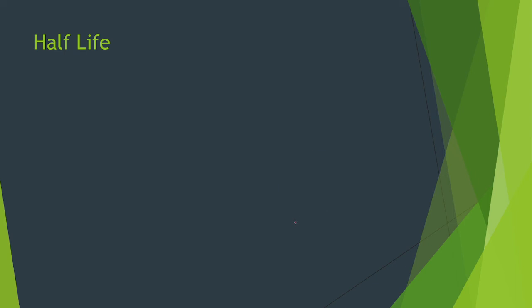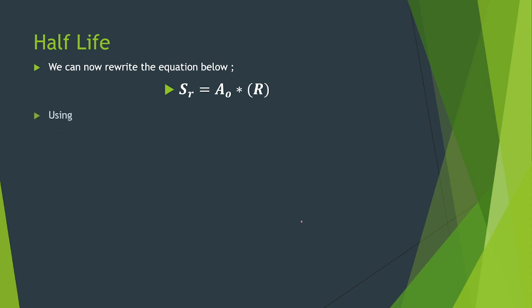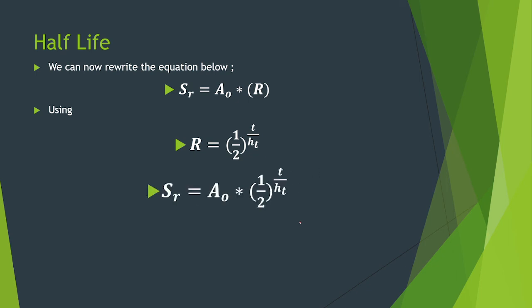We can then rewrite the equation, S sub r is equivalent to A sub o times r, by using r equal to 1 half raised to t over h sub t. So we just substitute the value of r here.